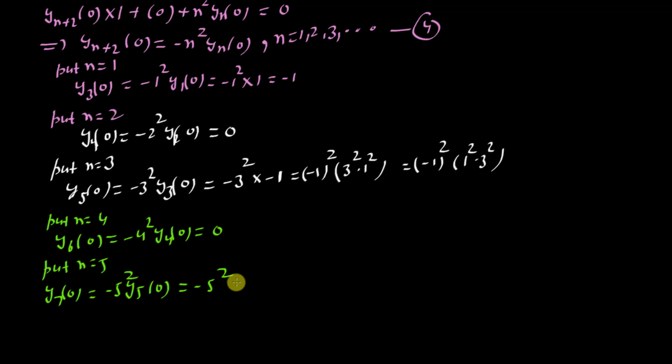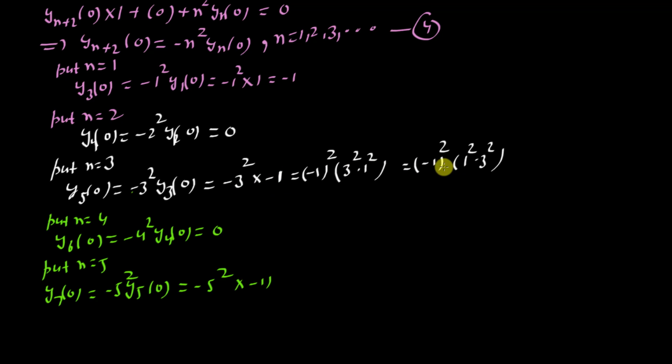What is y5 0? Minus, now you don't have to write it plus because we are moving towards the generalization. Therefore we have written y3 as minus 1 because here was only one minus. Now here there are two minuses, but I will not multiply them to make it 1, because we have to generalize.